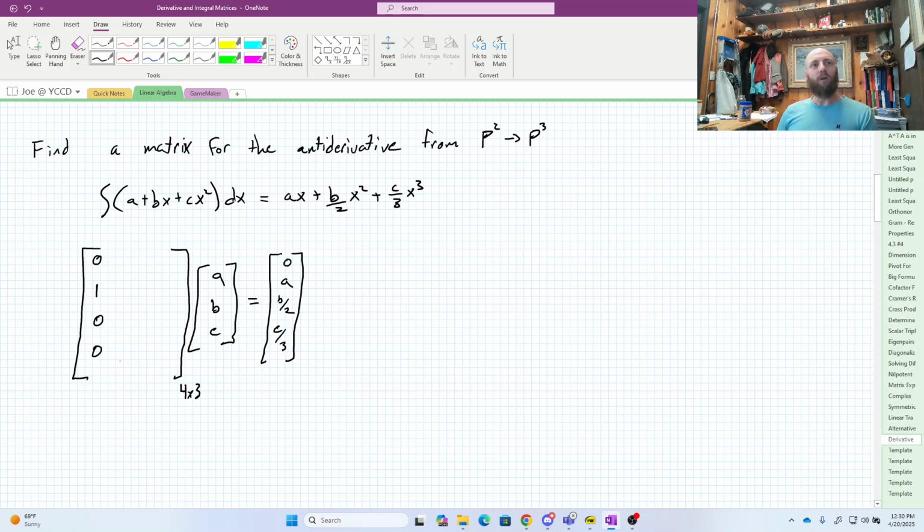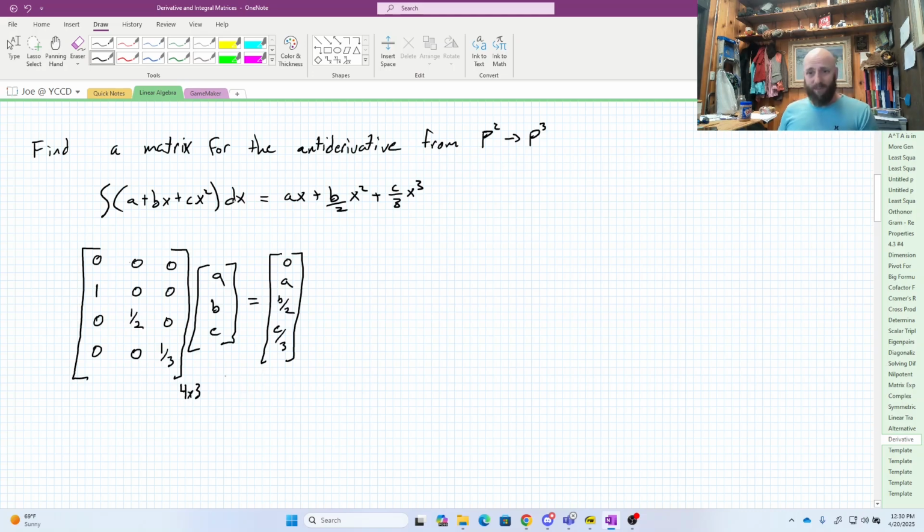In this next one, I'm going to be getting the thing that I would get by integrating x, right? So that's going to be a 0 in the middle spot, a 0 in the x spot, a 1/2 in the x squared spot, and a 0 in the x cubed spot. And same thing for the integrating x squared component. So I'm going to get a 0, 0, 0, and a 1/3 here.